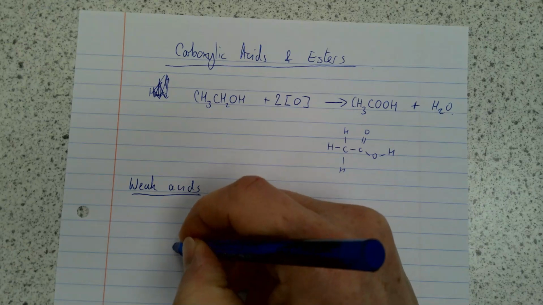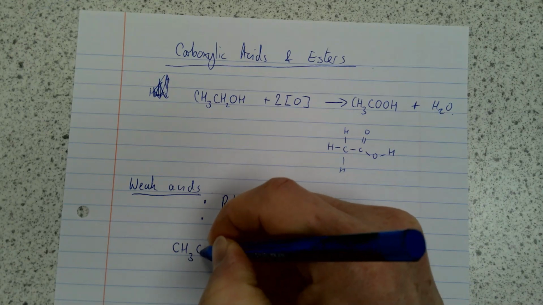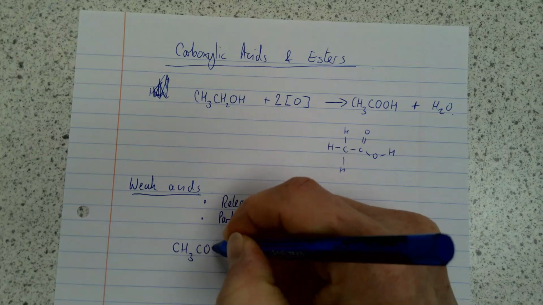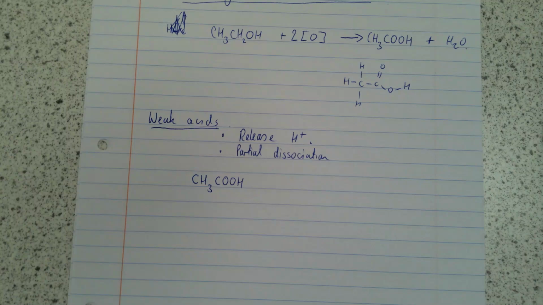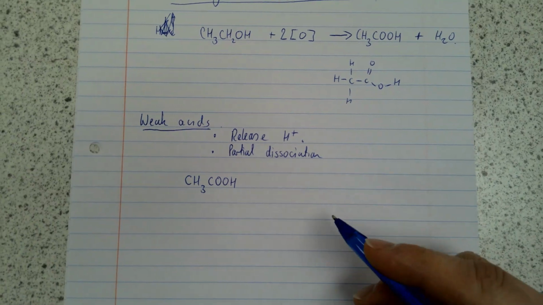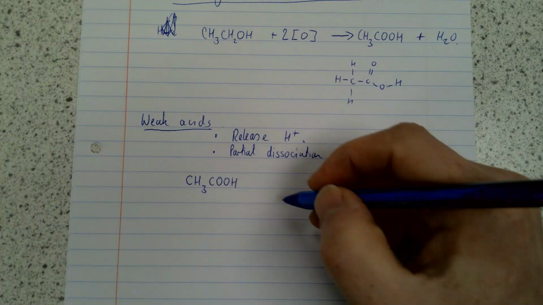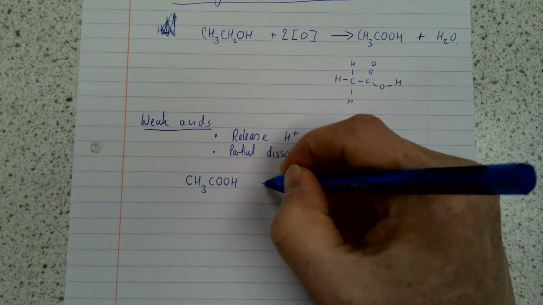But what you've got then is something like this going on. So you've got partial dissociation of the acid. You could write this one of 2 ways. I'm going to write both of them so that it's familiar to you.